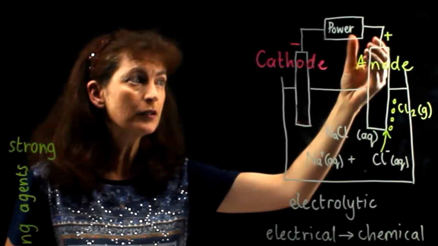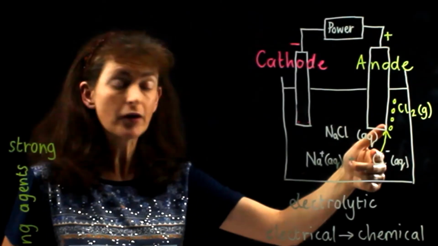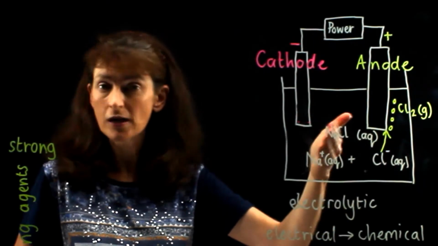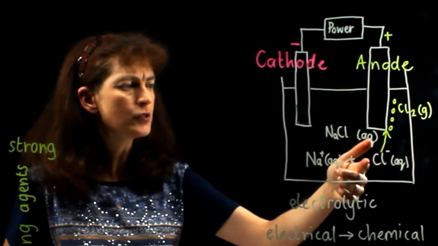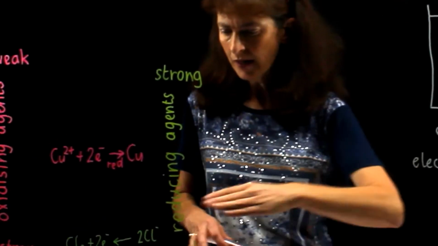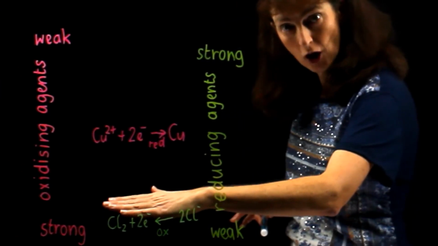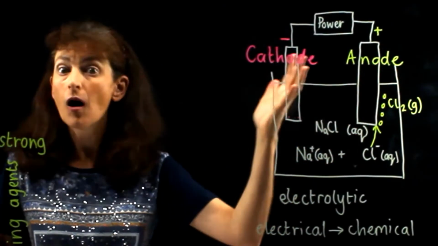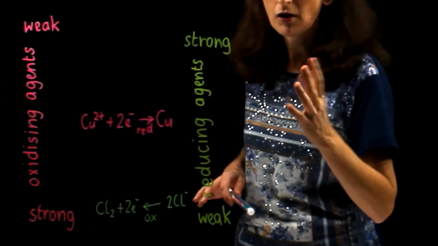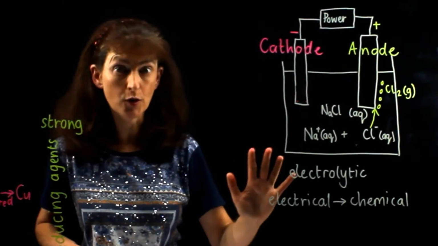Well, this is still going to be the positive electrode, and there are still chloride ions because sodium chloride, just like copper chloride, has chloride ions. And so you are still going to get this oxidation half reaction happening over there. But obviously, this reduction half reaction that happened before can no longer happen.